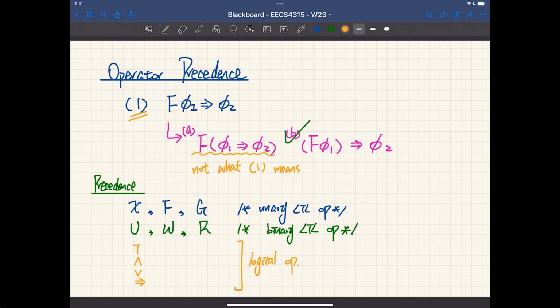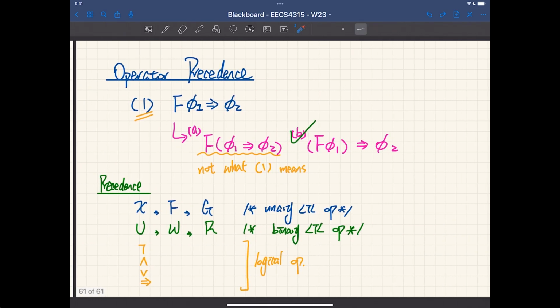Yes. Phi is just like x, right? So f of phi would be like something of x. Okay, when I write phi 1 and phi 2, I mean any arbitrary formula that you can have.